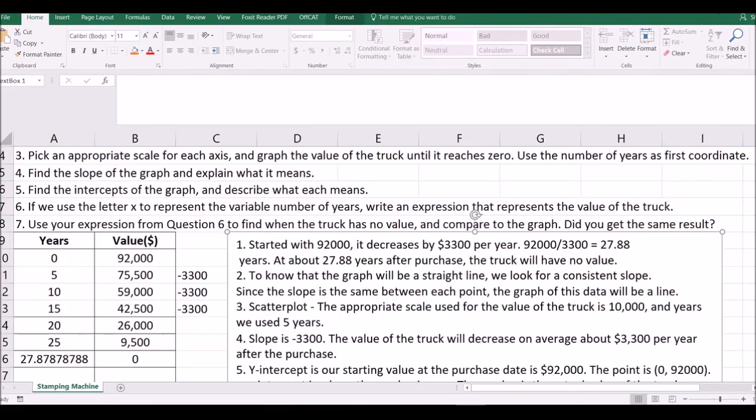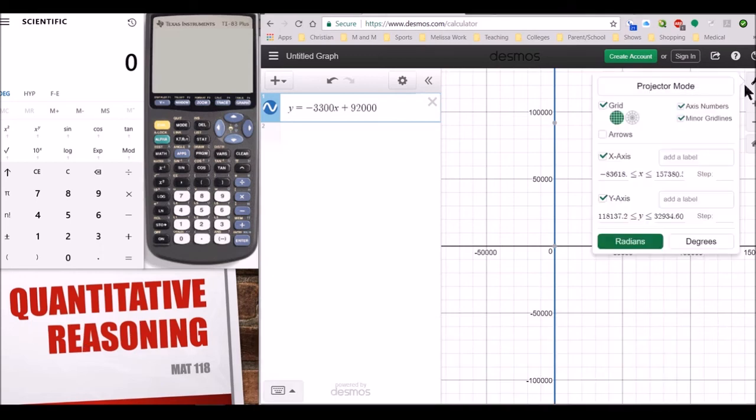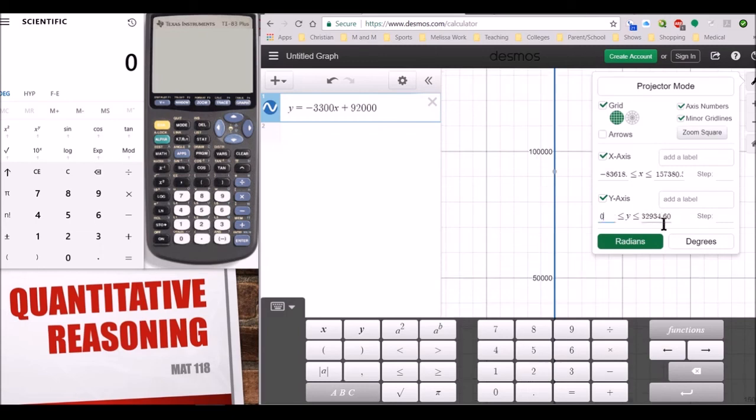Let's go to Desmos and graph this. We had y equals negative 3,300x plus 2,000. Let's see how to get an appropriate scale here so we can see this better. Over here we have a little wrench. We're going to the graph settings. Let's change the y to 0.